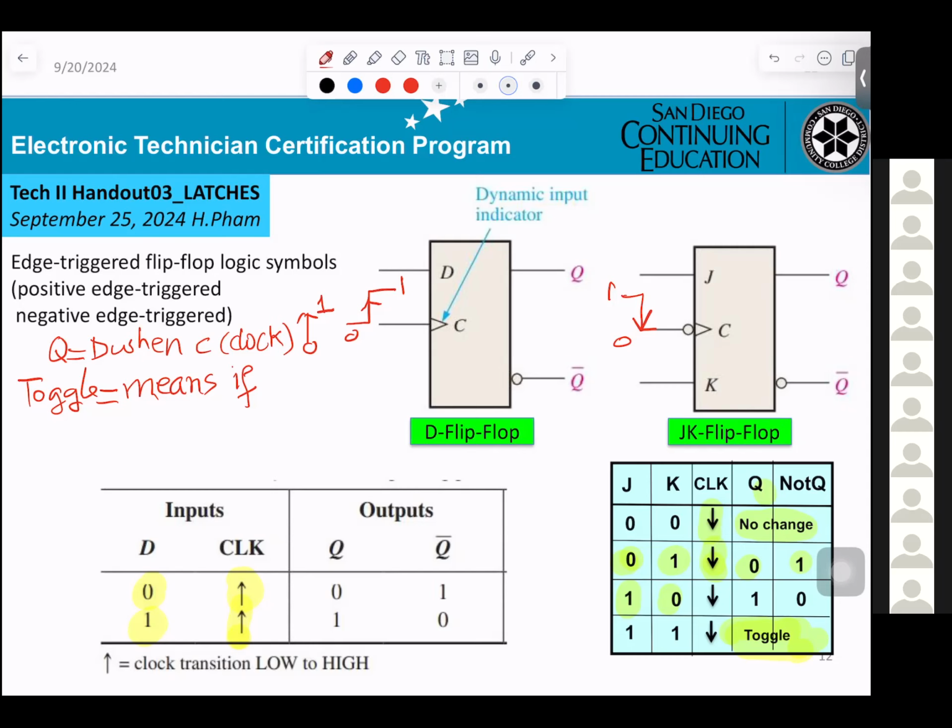This state means 1, or that state means 0. Okay. Toggle means if it was 1, now it's 0. It was 0, now it's 1.